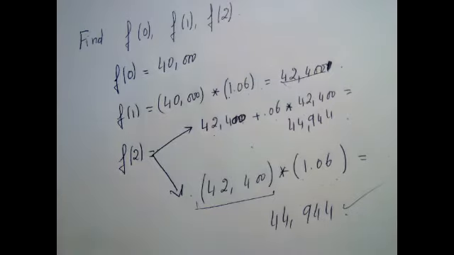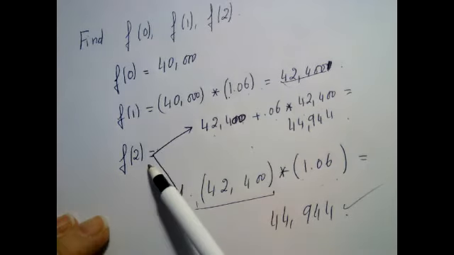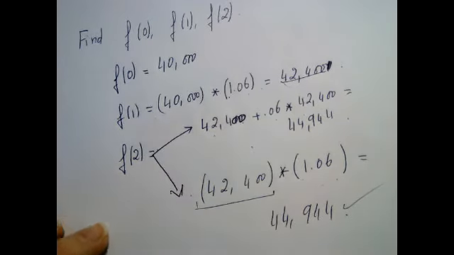Okay, question number 2. I want to find a formula for f of t. It means instead of doing it after 1 year, 2 years, 3 years, 4 years, forever, I'm asking you to find a formula. It's the same problem. I'm not really changing anything, but find a formula for f of t.